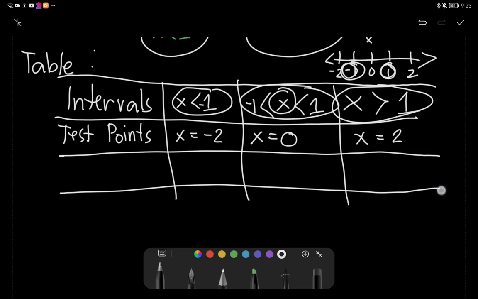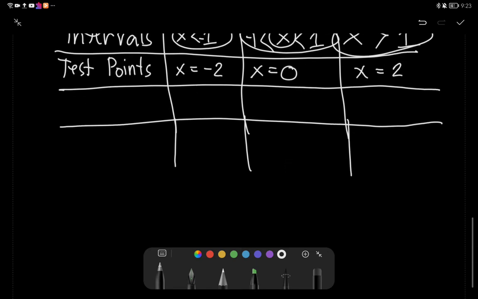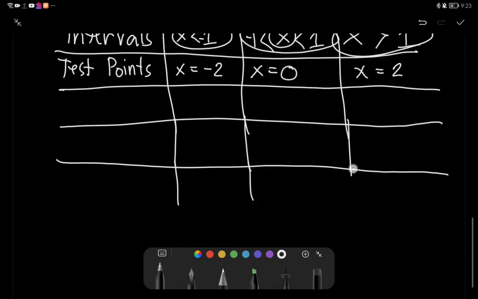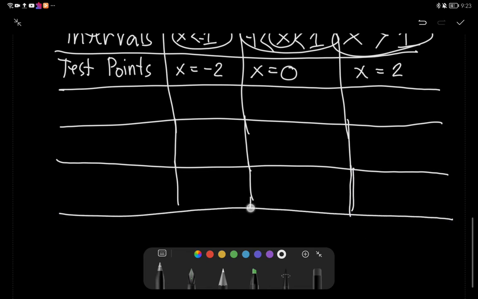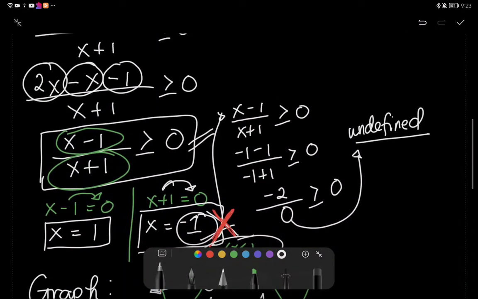Now, the next part of our table, we are going to continue. Unsay ibutang sa sunod nga column or row? Let's go back to our inequality.